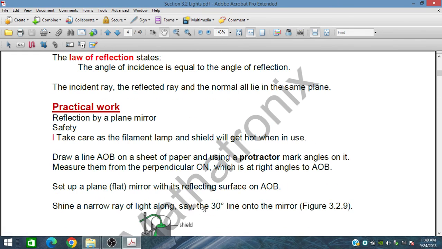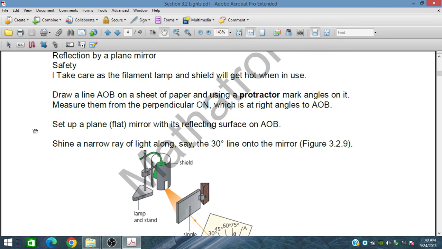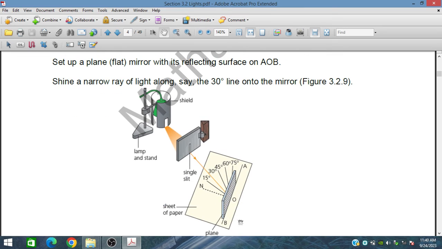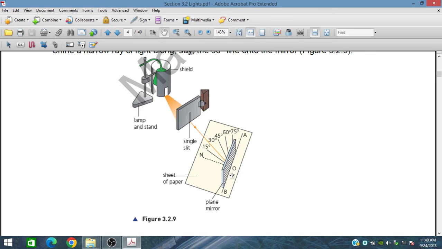So the practical work: reflection by a plane mirror. Take care, a filament lamp in a shield will get hot when it is used. So this is a practical setup. You draw a line AOB. This is the mirror, and this is the single slit, which can be moved, or this plane mirror can be moved, and this is the light source.